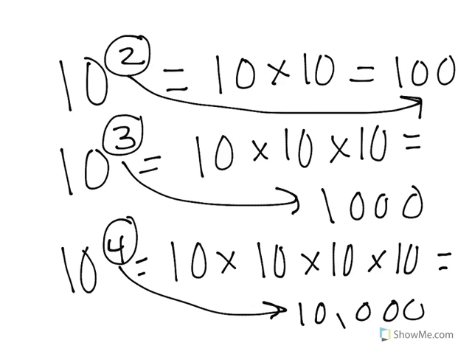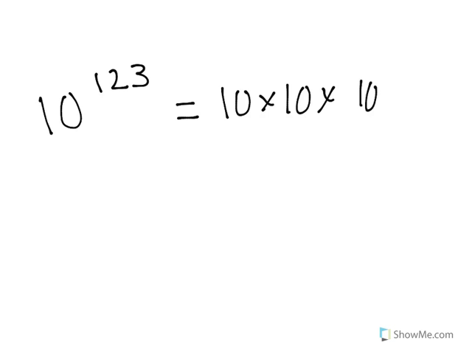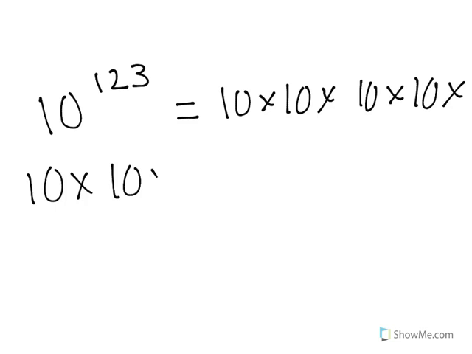So in the case of 10 to the 123rd power, that would mean 10 times 10 times 10 times 10 times 10 times 10, and I would write this 123 times.